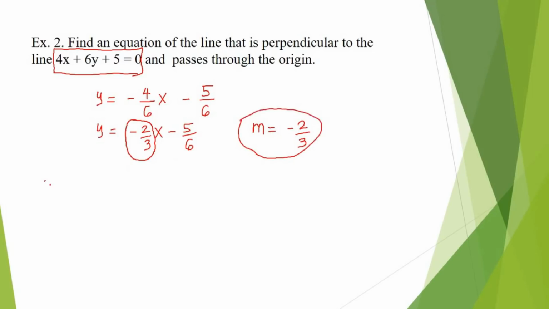So we have our M2 must be equal to the negative reciprocal of this line here. We might name this as our M1. And the negative reciprocal of M1 is equal to positive 3/2.